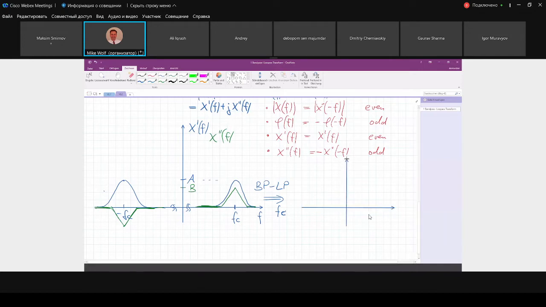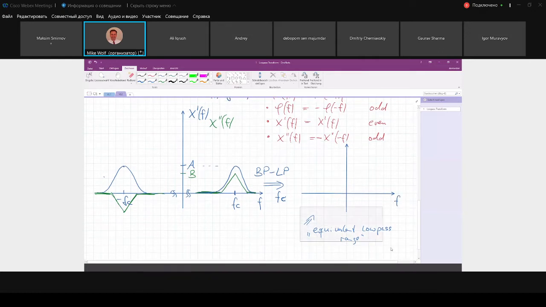And this is everything in the so-called equivalent low-pass range. This is the name for this. Then we have f here. Maybe just put this a little bit, say, here.